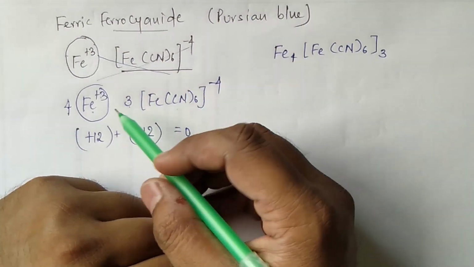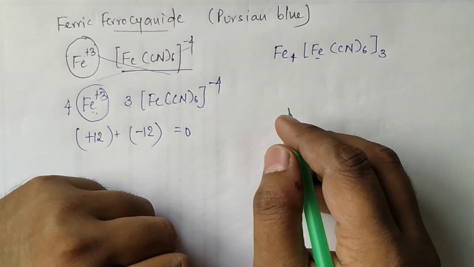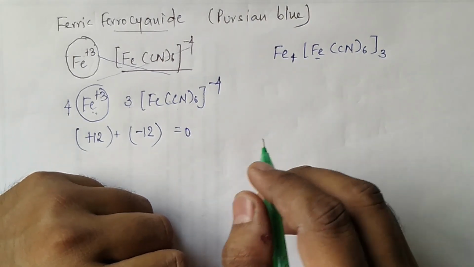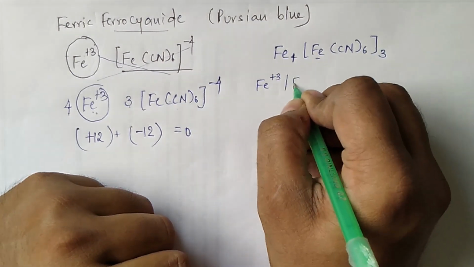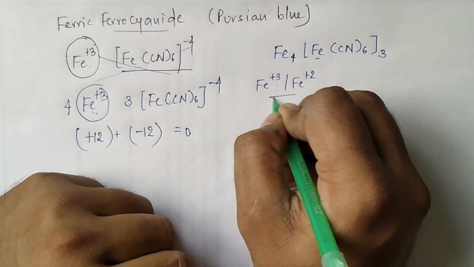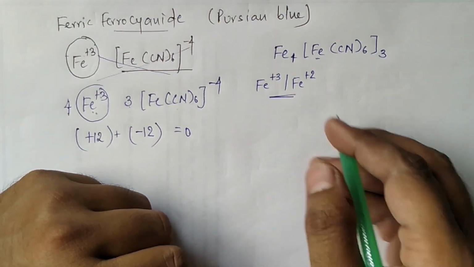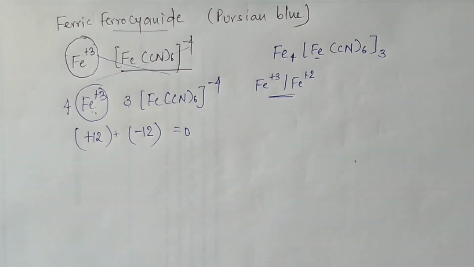If you see carefully, Fe plus 3 or Fe plus 2, here Fe is in the oxidation state of plus 2, here it is in the oxidation state of plus 3. But it doesn't matter whether it is Fe in the oxidation state of plus 3 or plus 2, it has no impact on the atomic mass of Fe, because atomic mass is dependent upon what?